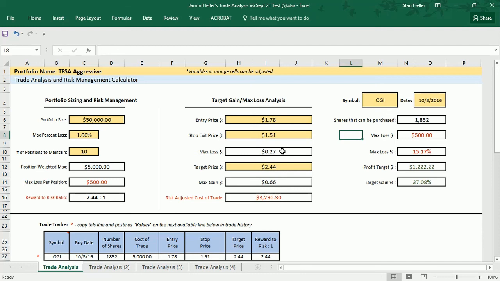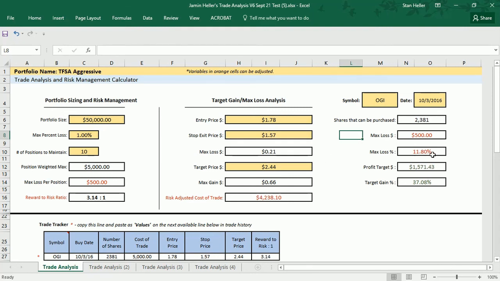So with a low price stock, just any small adjustment to the exit price can make a difference. If we go to $1.57, which was the moving average price and just below the recent support area, that's certainly a reasonable approach as well.